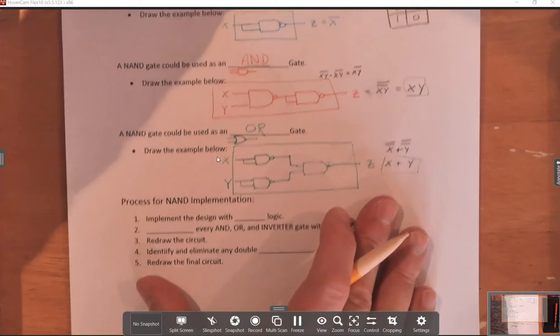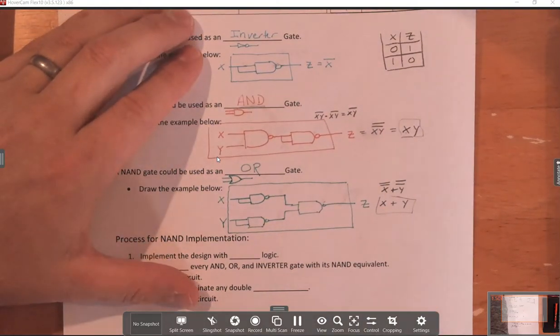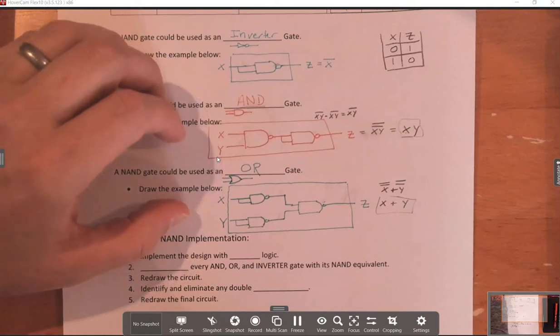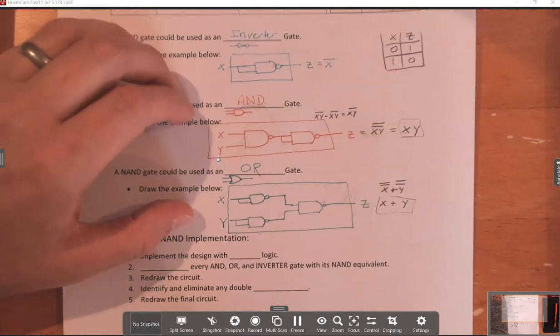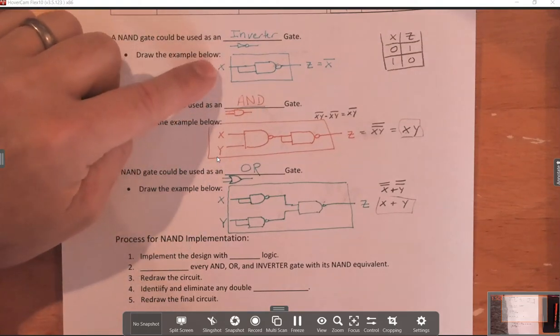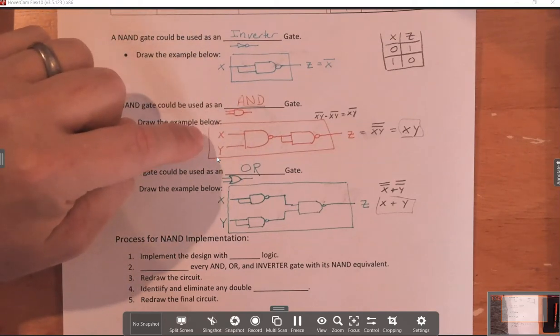So what's the purpose of this? Alright, the purpose is that normally with AOI logic there are 3 types of gates, or 3 different ICs, that would potentially be needed in making a circuit. And even if you only need one inverter, you've got to go get a whole IC that houses inverters. And if you need one AND gate, you've got to go grab an IC that houses AND gates.